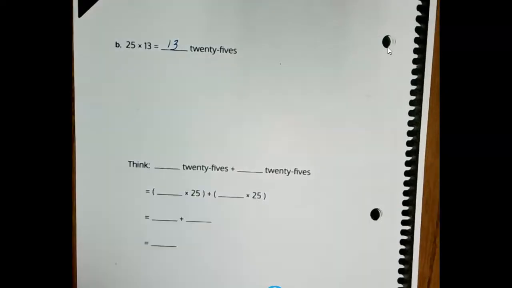In order to be able to multiply this problem easily, I'm thinking in groups of 10 and 3. If I have 25 and multiply it by 10, and then multiply 25 by 3, it would make it much easier to do in my head. And that's what I'm going to draw.